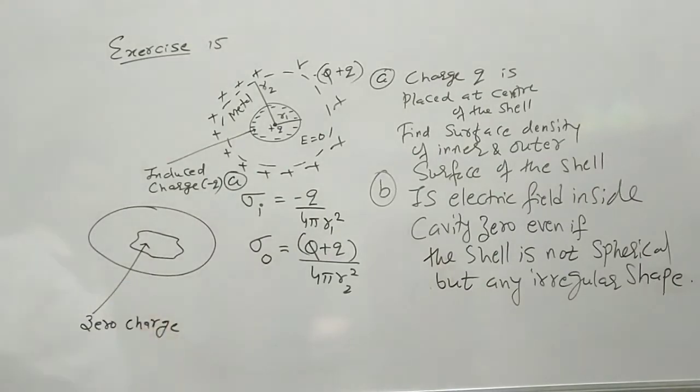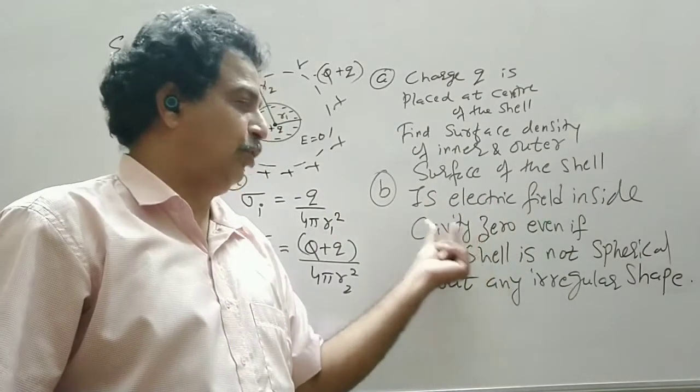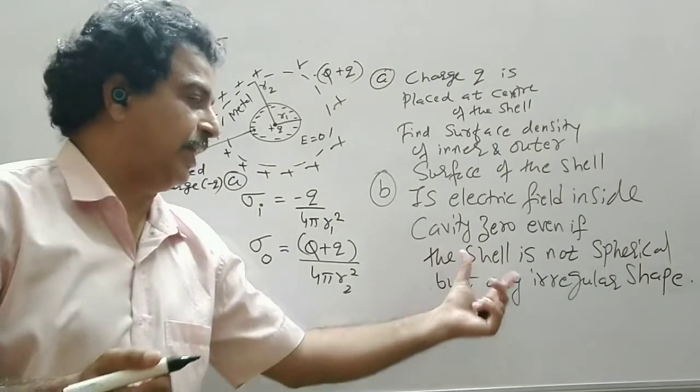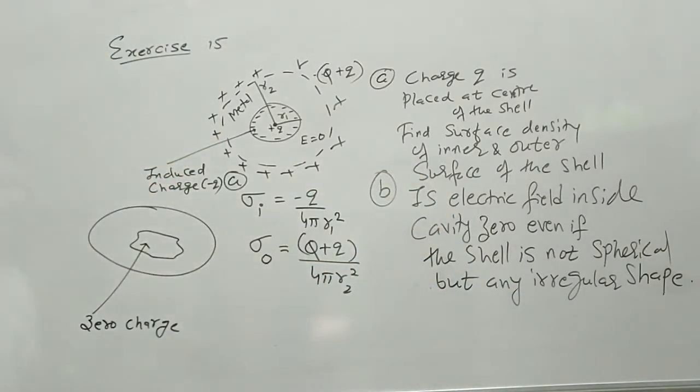It is given in the question: the electric field inside a cavity with no charge is 0, so there is no charge in it. If it had a charge, then it would have an electric field intensity. Now we have not taken the shell to be spherical, it is irregular in shape, and we have to find out whether the electric field inside the cavity is 0.